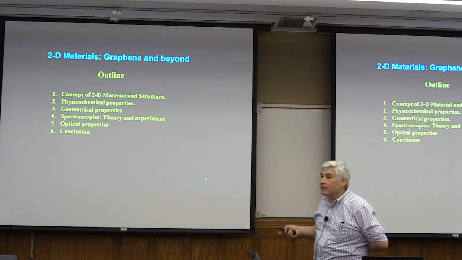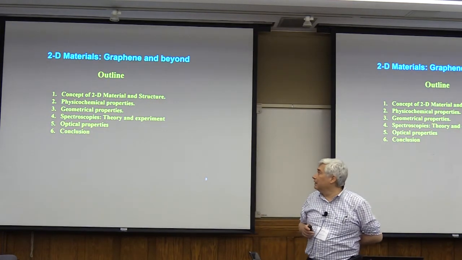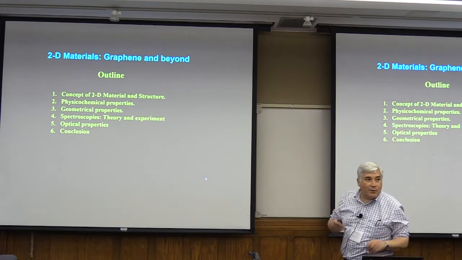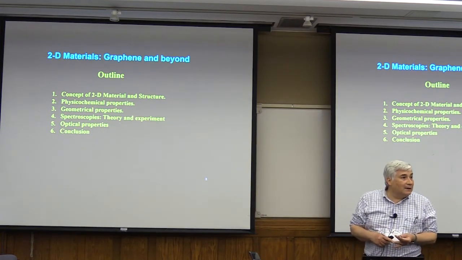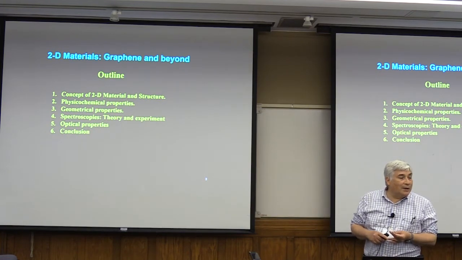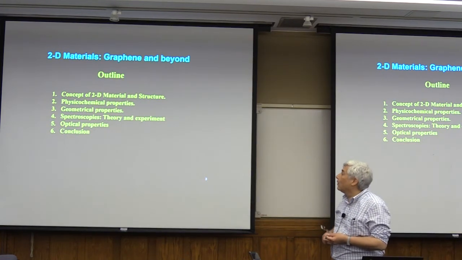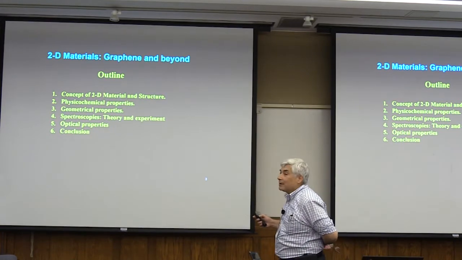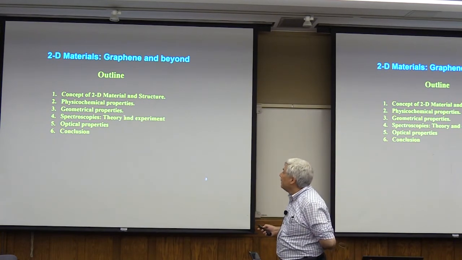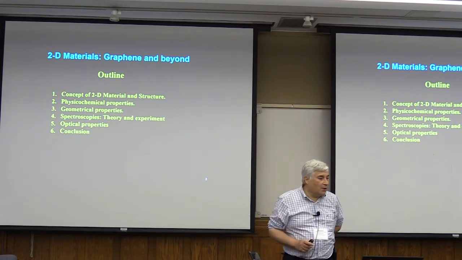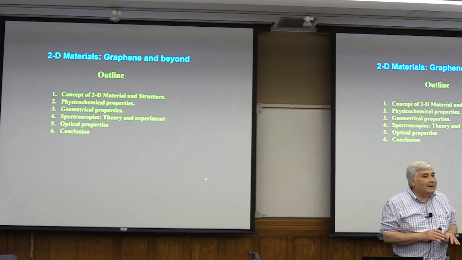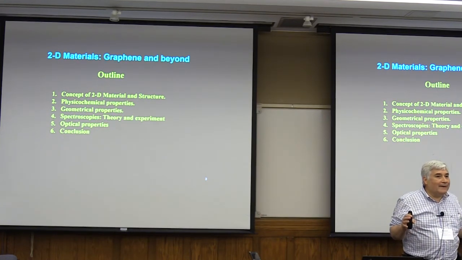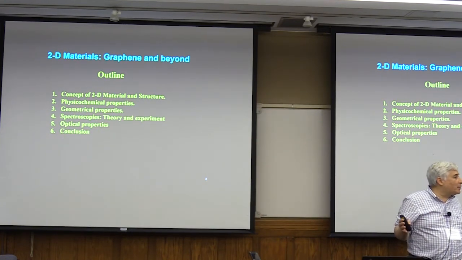And this happens very often in calculations in general. So it is very important to know a little bit about what is going on with the experimental results. I'm going to talk about geometrical properties because two-dimensional materials offer very interesting possibilities.